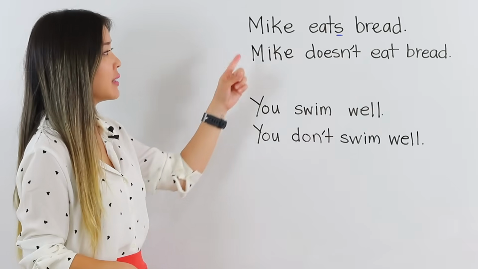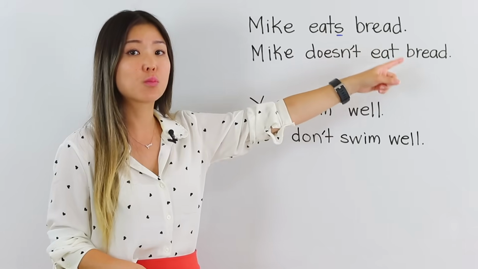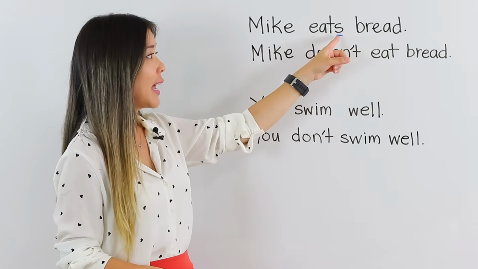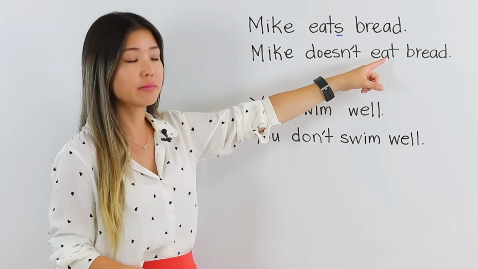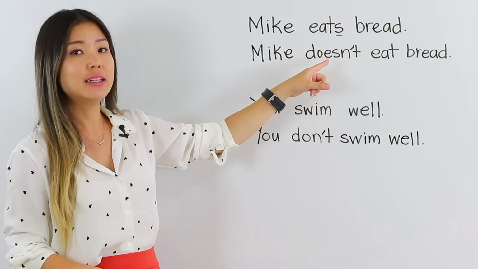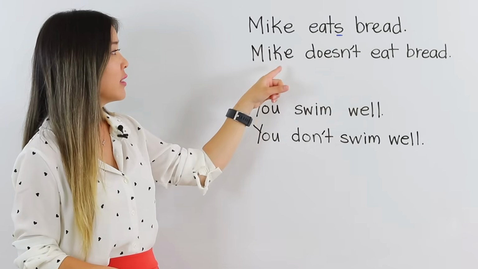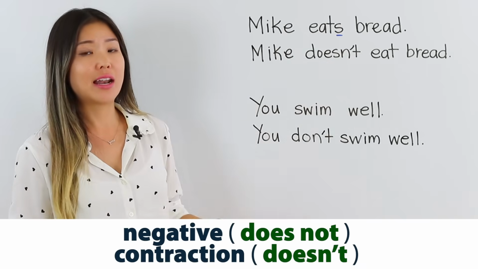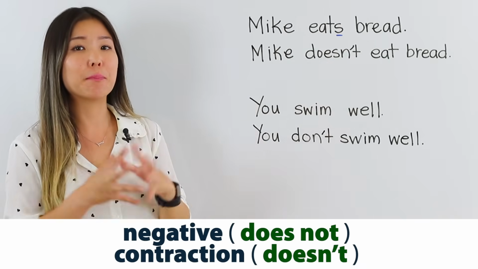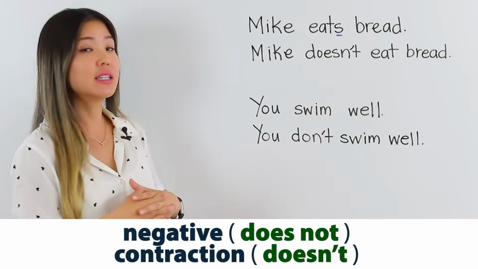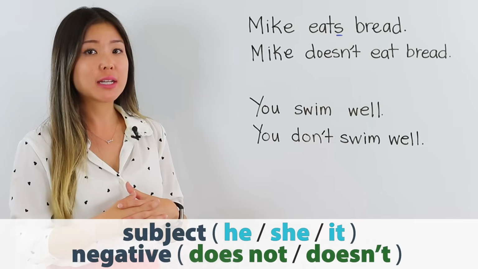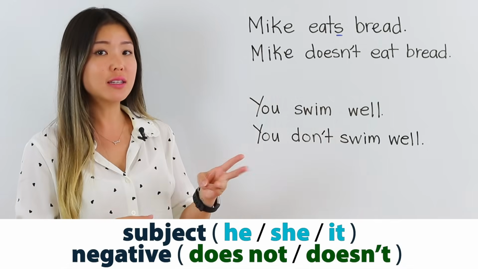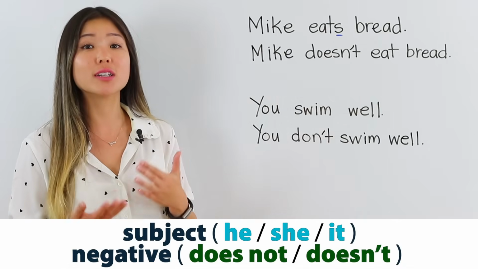Well, I change it like this. Mike doesn't eat bread. So you'll notice that I didn't move the S here, okay? Instead, I added doesn't. I took does and not, and I turned it into a contraction by combining the two and making it doesn't. So if the subject is he, she, or it, we use does not or doesn't to make it negative.